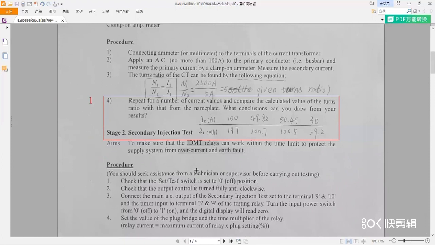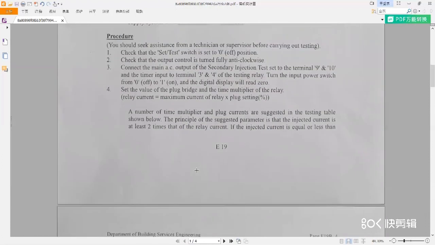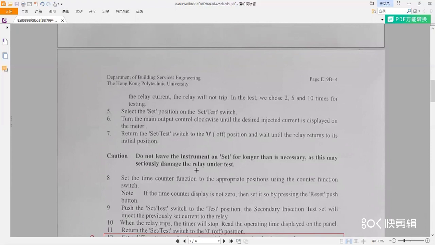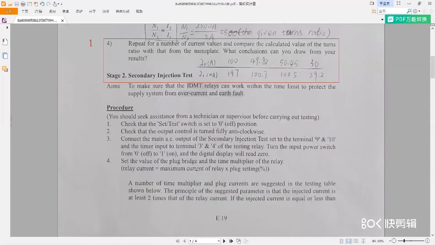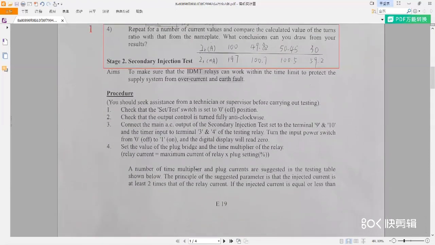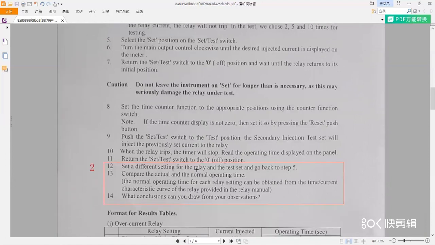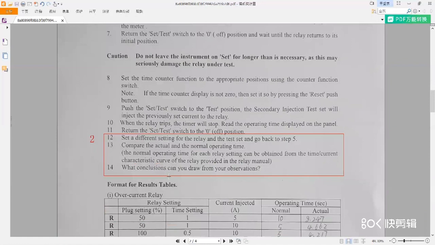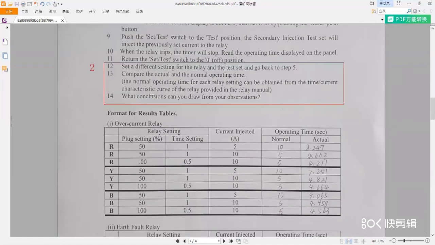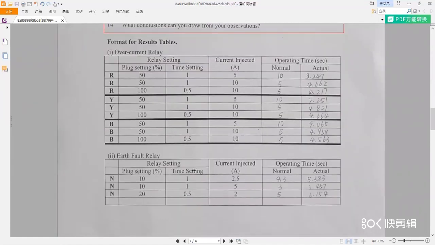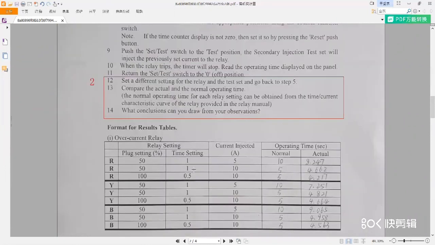For the second question, in the secondary injection test, you have to compare the actual and the normal operating time using these results tables. After the comparison, you can also draw some conclusions from your observations.